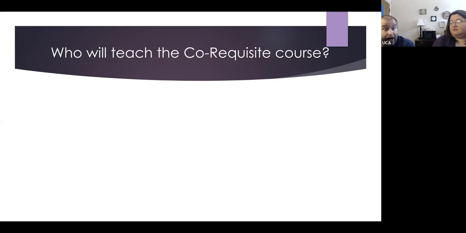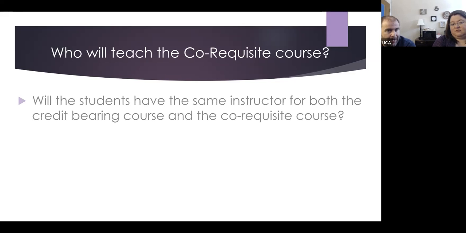Who is allowed to teach those? Those will come into play before you even get to decide. You'll want to find out who can and who's going to be allowed to teach those credit-bearing courses on your campus. And then you can start deciding, can we make it where they have the same instructor for both courses?